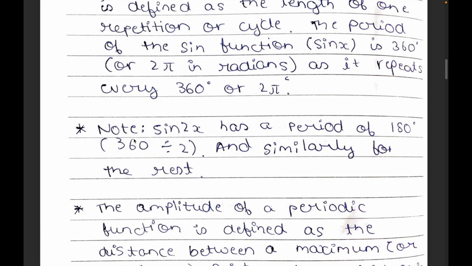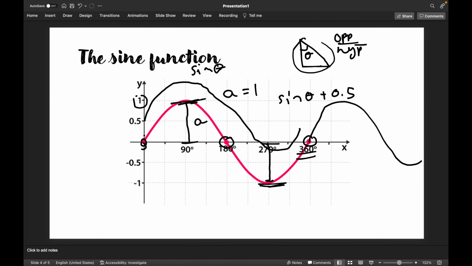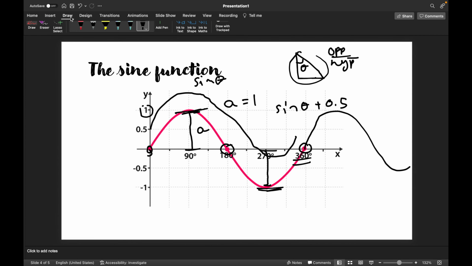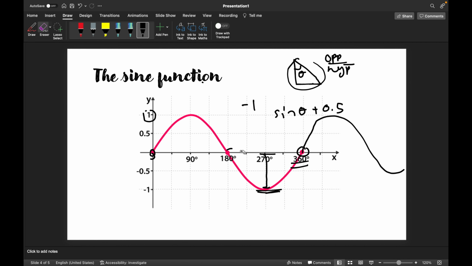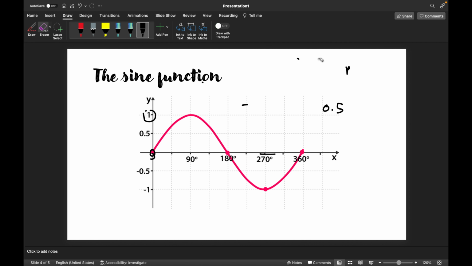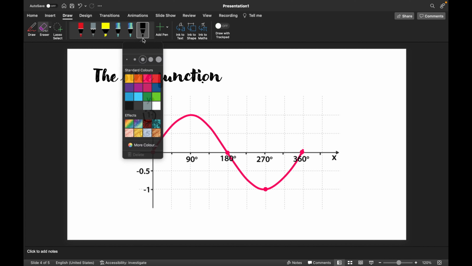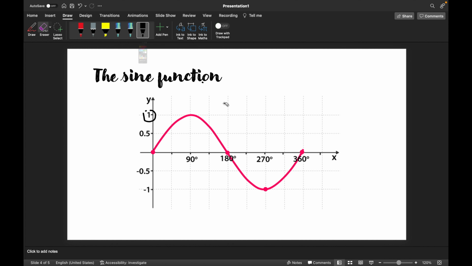And then we have this small note that sine 2x has a period of 180 degrees. Let me show you the graph of sine 2x. Let me clear this. If this is sine x, then it will look something similar, except it will be scrunched.